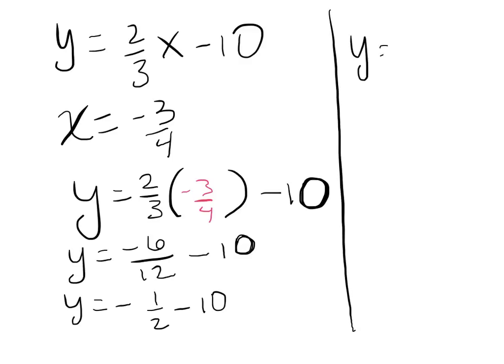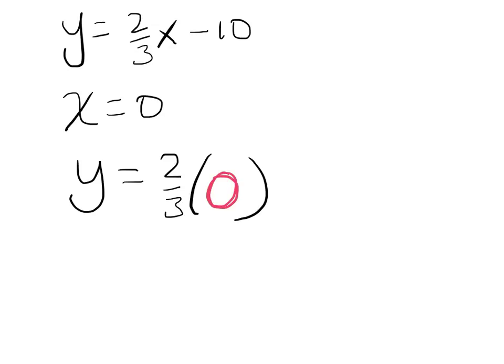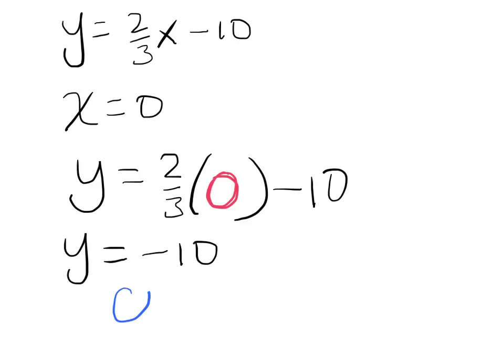So y is equal to -10 and 1/2, and the ordered pair would be -3/4, -10 and 1/2. 0 is easy to plug in because when you multiply 0 by the slope, you get 0, and so you're left with y equals -10. And so the ordered pair for an input of 0 is 0, -10.